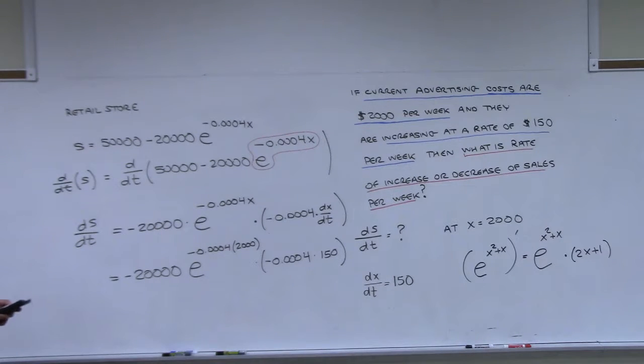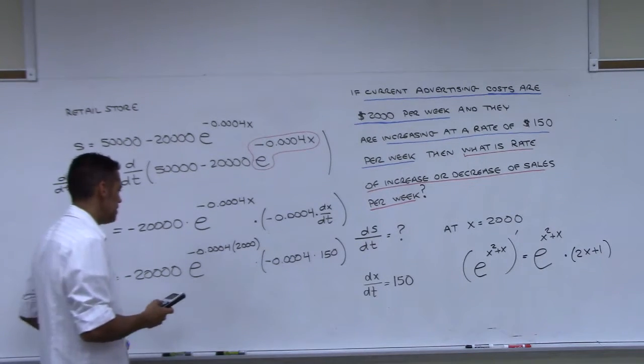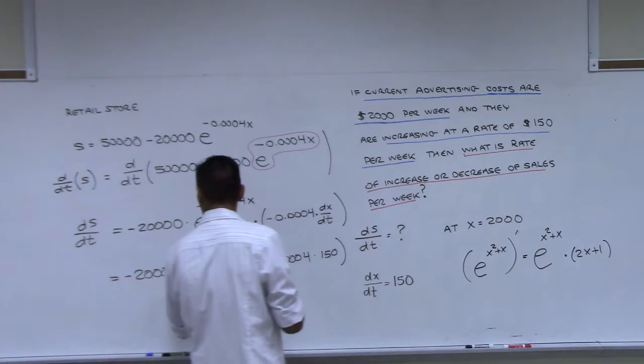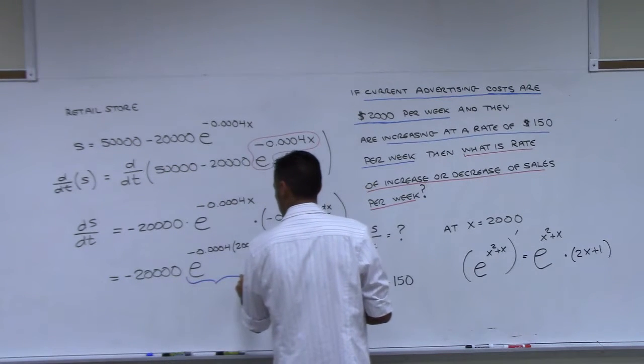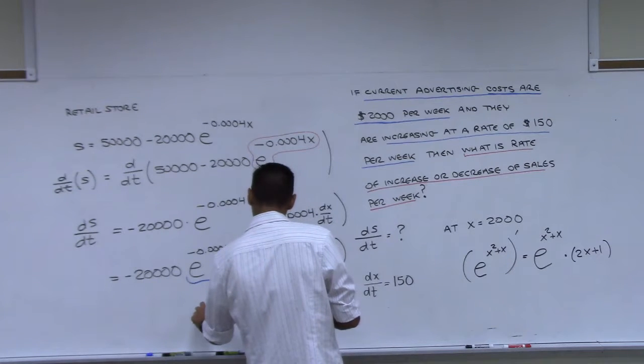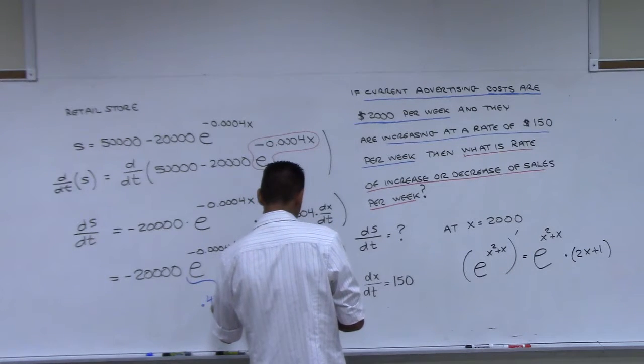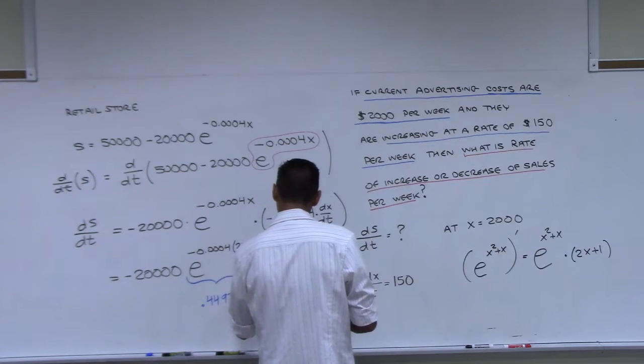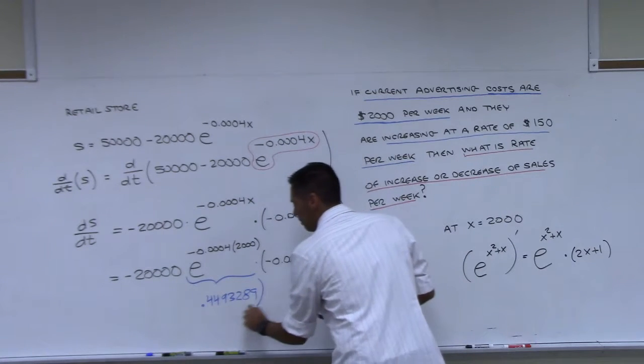Let's get the answer and see if you can get it too. I'm going to do this in pieces. This piece on my calculator is 0.449328. I'll stop there.